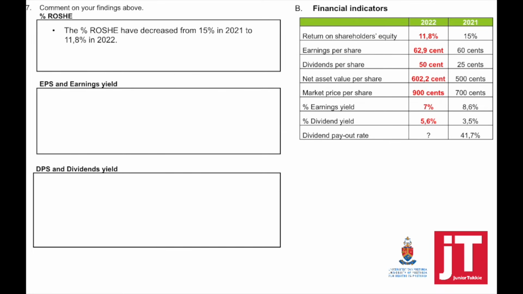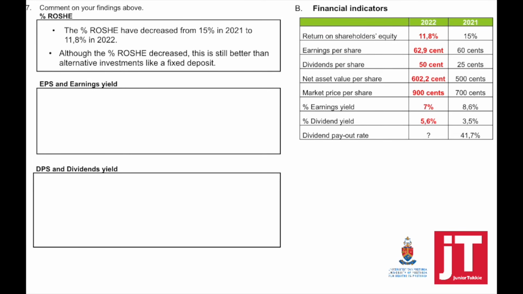If you look at your shareholders' equity, what happened from last year to this year? It decreased from 15% to 11.8%. So although the return on shareholders' equity decreased, this is still better than alternative investments like a fixed deposit.